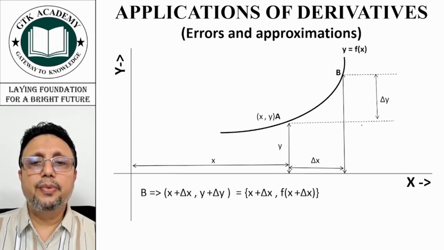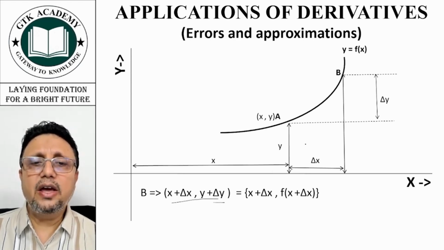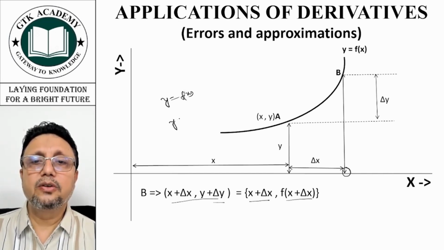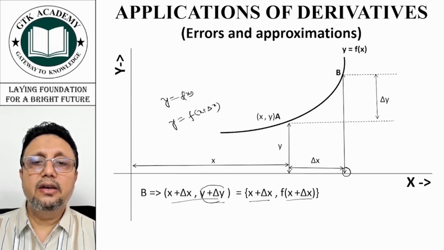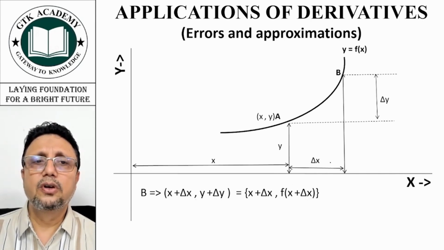So the coordinates of B are x plus delta x, y plus delta y, or we can also write x plus delta x, f(x plus delta x), because y is equal to f(x). Instead of y plus delta y, you can write f(x plus delta x) also.